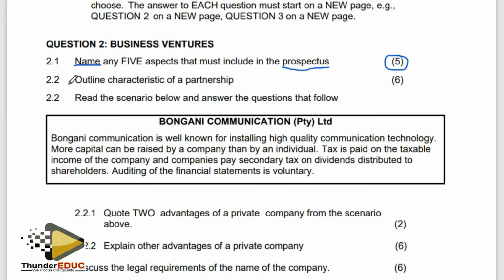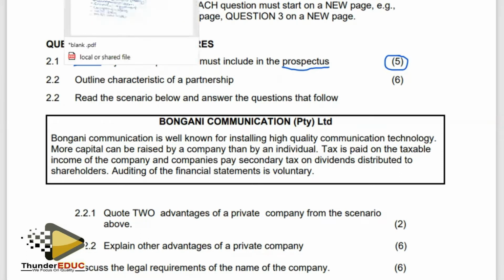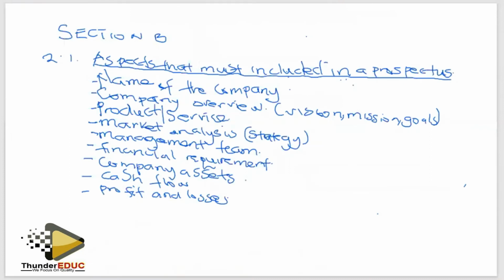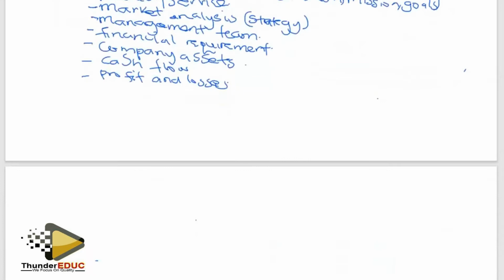Let's look at question 2.2, which talks about outlining the characteristics of a partnership business. Remind you once again, numbering is very important.